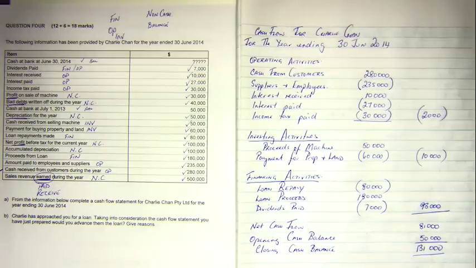So I get a positive cash flow. So that's my cash flow statement. Is everyone okay with what we've done to this point here?